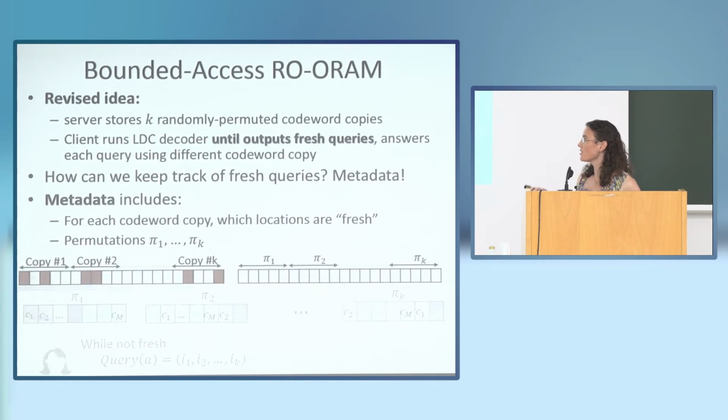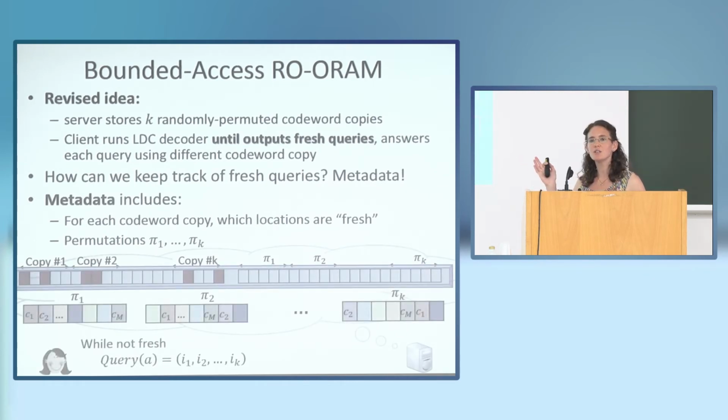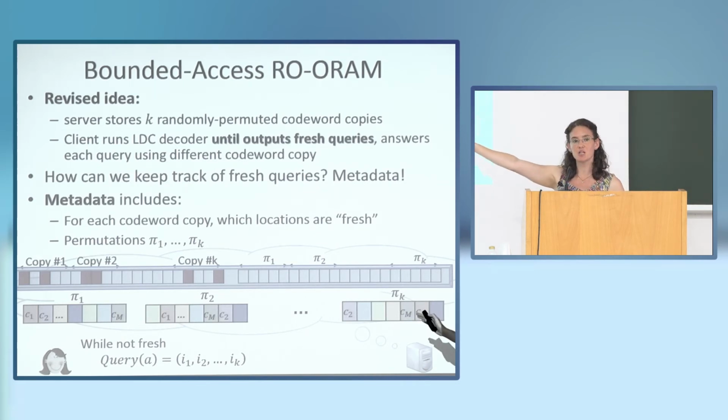In particular, I'll show you later that you can store it in any polylog overhead read-write oblivious RAM. I really don't care which ORAM you use to protect the accesses into the metadata. So this is the entire construction. I have the code word copies. They're permuted as before, and I store the permutations and the freshness bits in an ORAM.